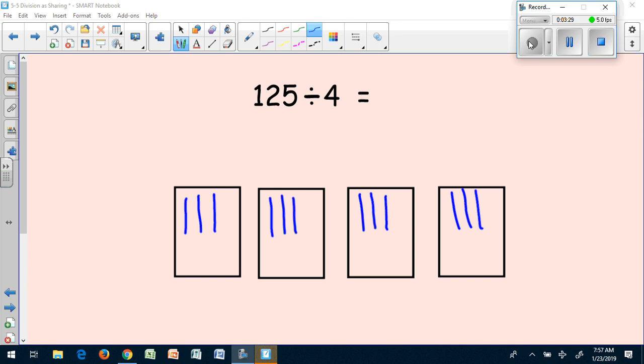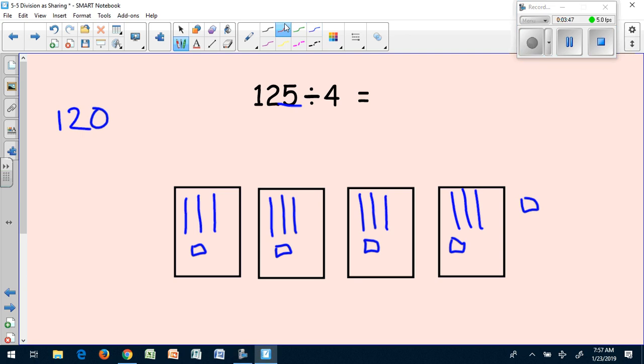Now I have 5 left over, because so far I have 120, and I need to get to 125. So I can only put 1 one in each of these boxes. That gives me 124, and I have 1 left over, which would give me 125.